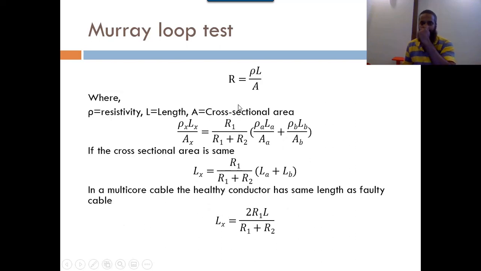So as you know, the resistance in the power system we normally calculate is R equals rho L over A, where rho is the resistivity of the system, L is the length of the system and A is the area of the conductor. So if we put these values in Rx, Ra and Rb, then we have rho x Lx over Ax, and then rho A La over Aa and rho B Lb over Ab.